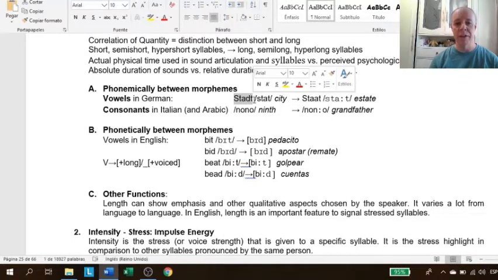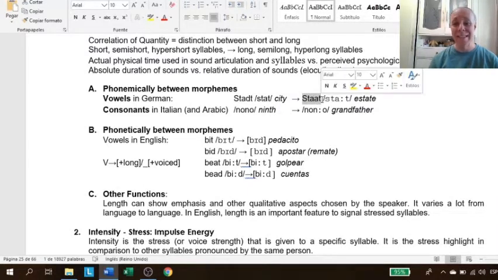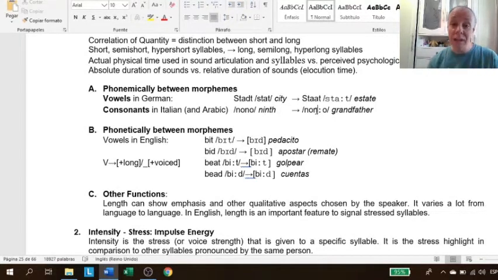We have the word Stadt, which means city, and we have the word Staat, which means state. Do you think length is a phonemic feature in German as well? Apparently it is. If you prolong the sound, then instead of city, it means state. We conclude then that length is a phonemic feature in German.